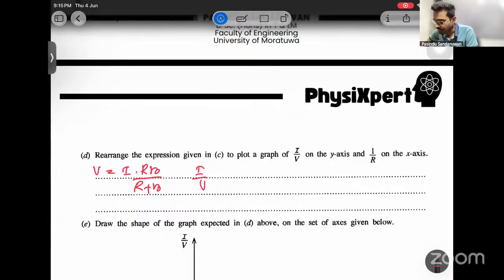Cross multiply V to the other side. Then it becomes R plus R0 over R0. Then the y-axis is okay. The x-axis is 1 over R. To create 1 over R, we can divide both terms in the numerator by R0 separately.